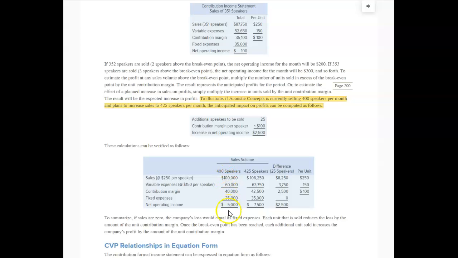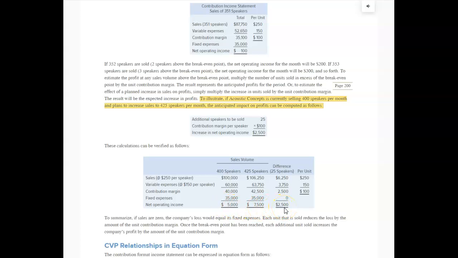Here's the current data. We saw that earlier. Now work through the numbers with 425 speakers and multiply 425 times the unit selling price and the variable cost, subtract. We have a contribution margin of 42,500, subtract the fixed expenses, 35,000, and we get 7,500. Now subtract where we were at 400 from where we are at 425.